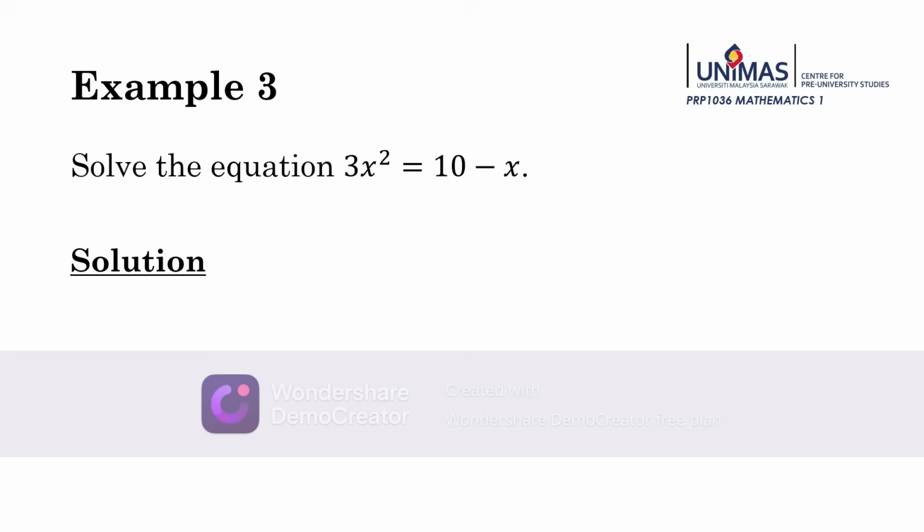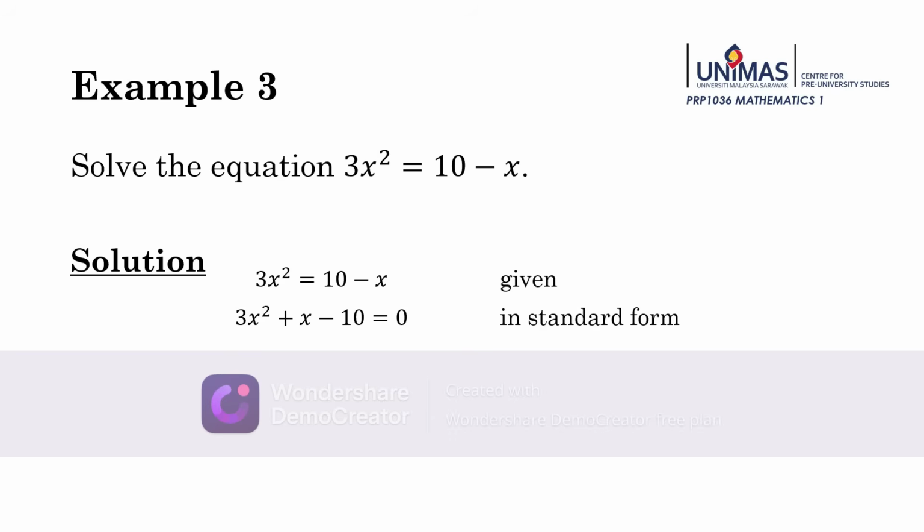Now we go to example 3: 3x squared equal to 10 minus x. First, we arrange it in the standard form, ax squared plus bx plus c equal to 0.